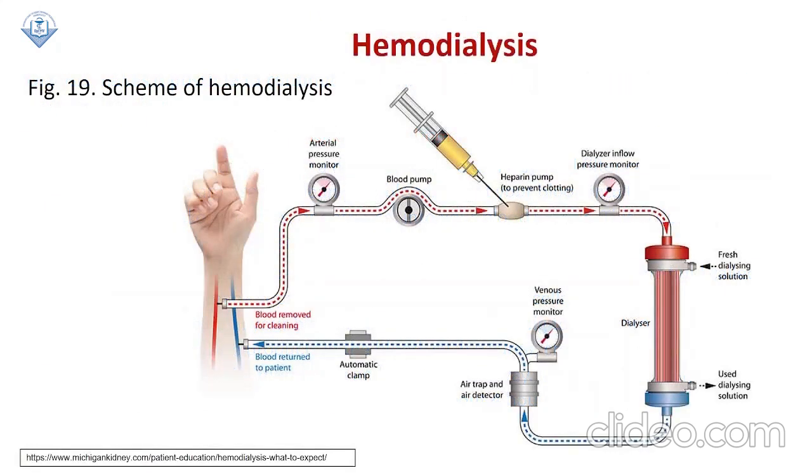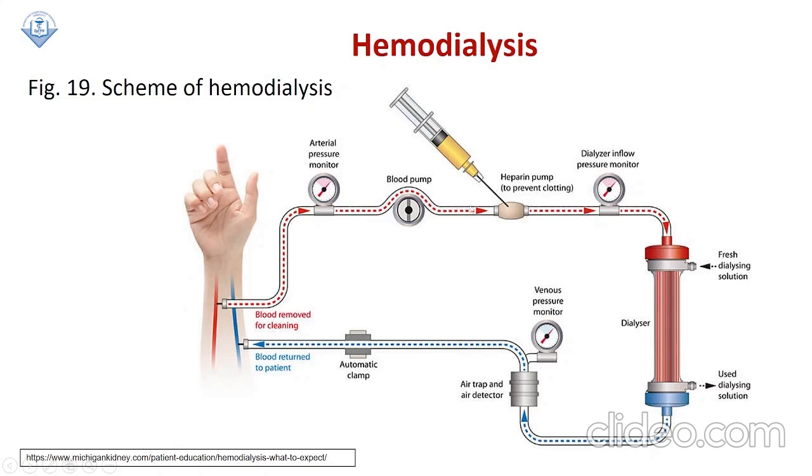And this scheme shows what happens. So it's the patient's hands and a specific access for the dialyzer. And we have the first way, when blood is removed for cleaning, it's moved to a specific compartment with dialysing solution.